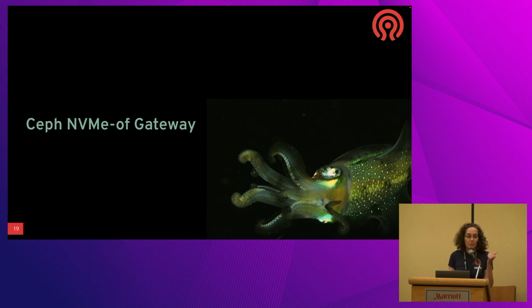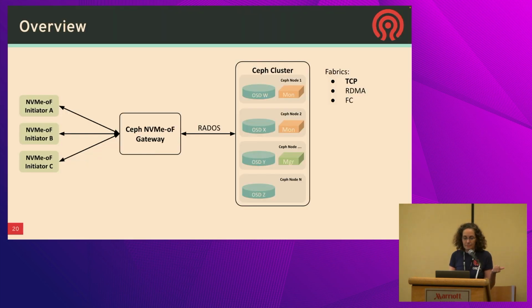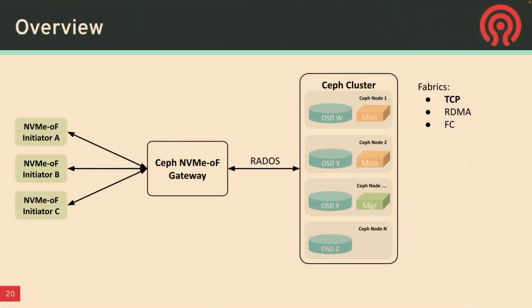Let's talk about how we implemented it in Ceph. Basically, the architecture is that of a gateway. We have the standard industry initiator, which can be an operating system initiator or maybe a hypervisor initiator. They all connect to the gateway, and that gateway talks to Ceph with the Ceph protocol.